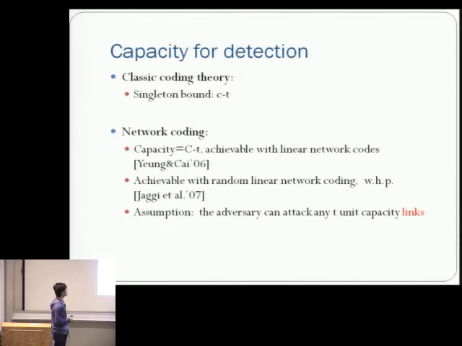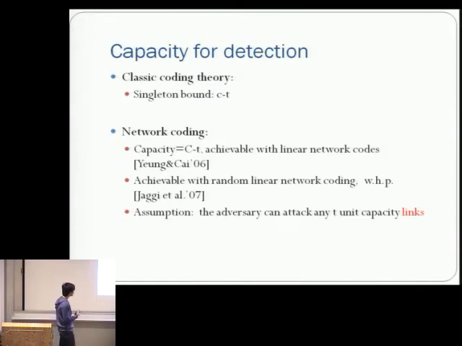This Singleton bound is expanded to communication in networks, especially in the network coding community. In 2006, Cai and Yeung proved that the capacity of a network under an attack by an adversary is C minus T, where C is the min cut from the source to the destination, and T is the number of unit capacity links that can be attacked by the adversary.